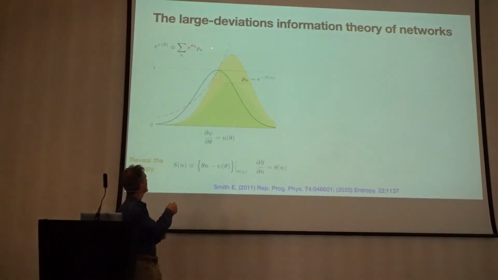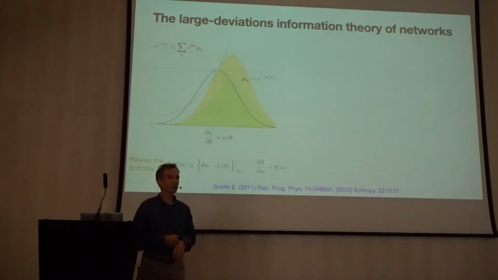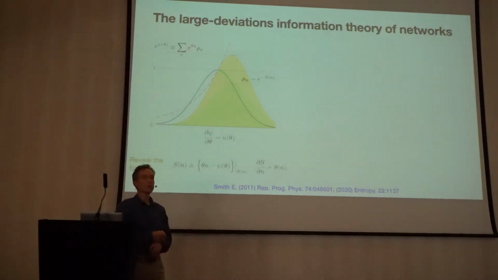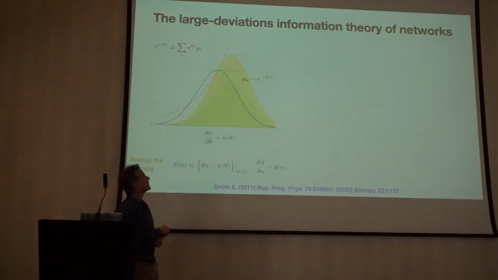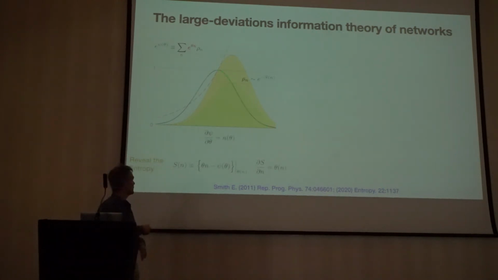I can create a generating function, and I can create a most likely state that's different from the state under just the combinatorics. But then what I want to know is actually what part of that tilted distribution is the measure in the underlying distribution. How likely is it as a large deviation from the background? And for that we use a Legendre transform.